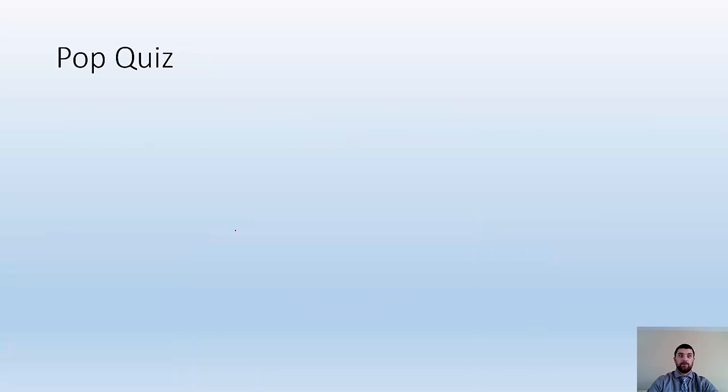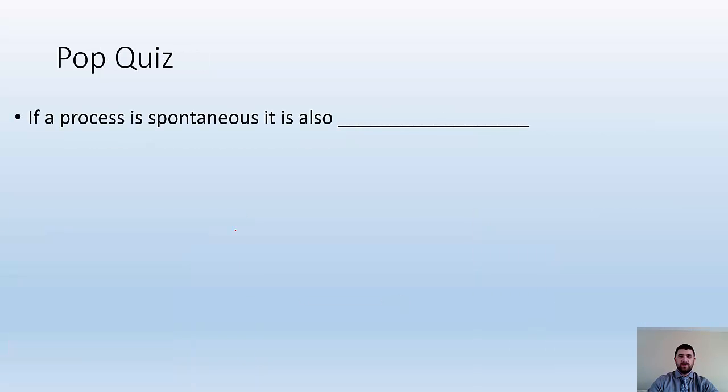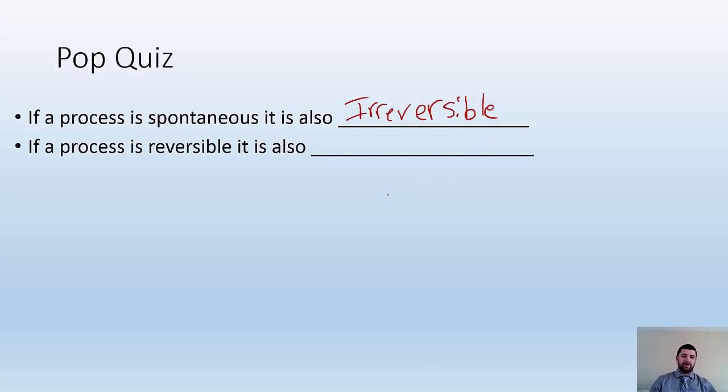All right. So pop quiz. If a process is spontaneous, it is also what? Irreversible. Sound it out. All right. If a process is reversible, it is also non-spontaneous.